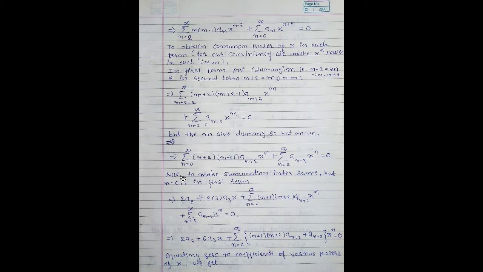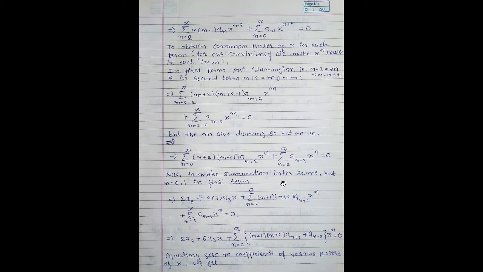Okay? So let us put n equal to 0 and 1 in first term. If we put n equal to 0, we will get 2a2. If we put n equal to 1, we will get 2 into 3, a3 x. Then remaining terms are plus summation n running from 2 to infinity n plus 1 n plus 2 a suffix n plus 2 x raised to n, and the last term.